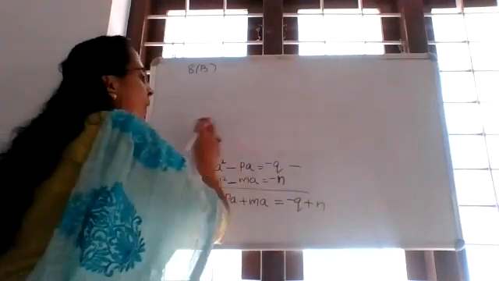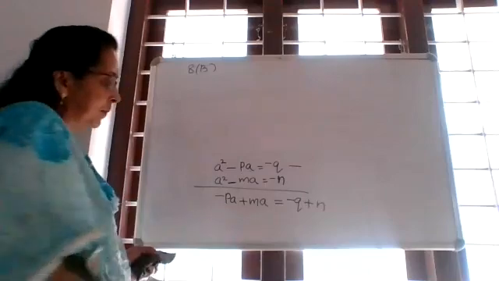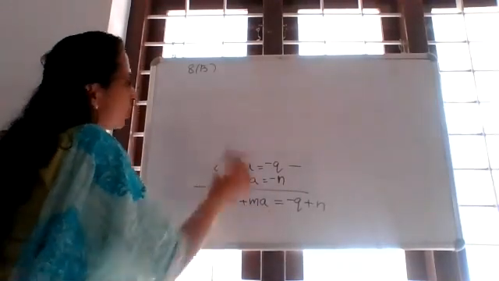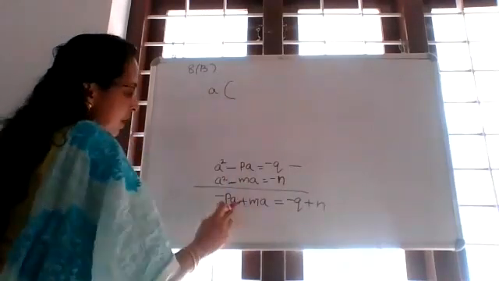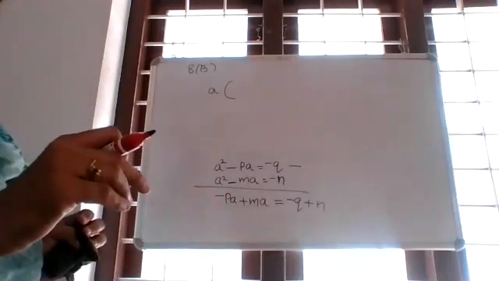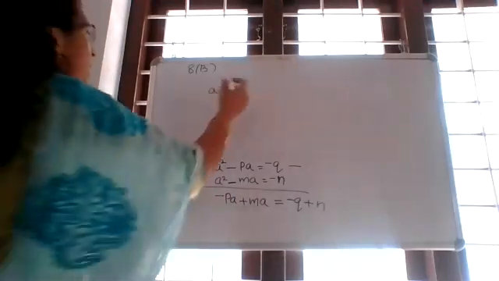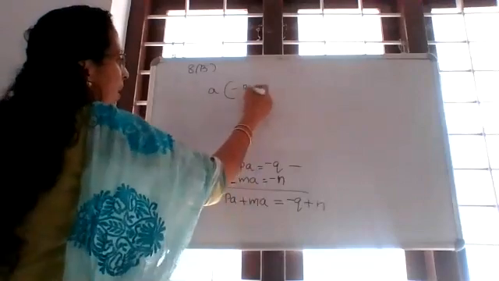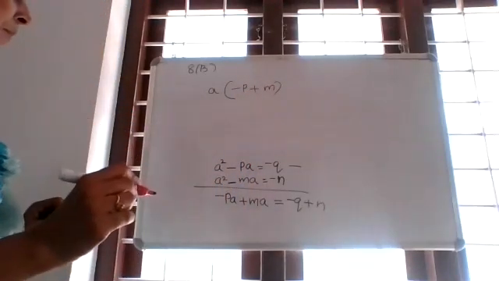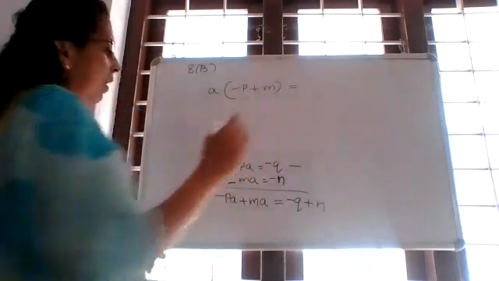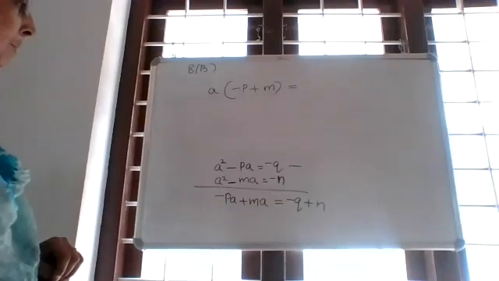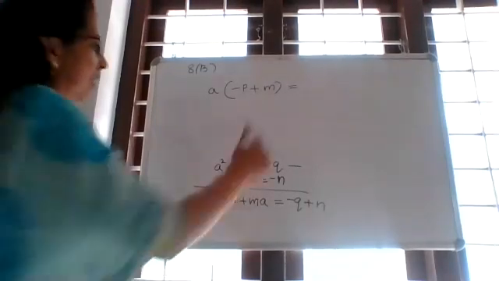Then taking common, which one can we take common? From here, a. So a is equal to, the remaining is negative p plus m, is equal to negative q plus n.